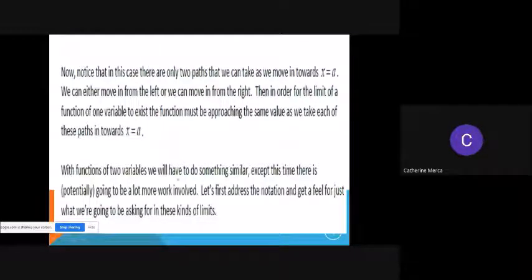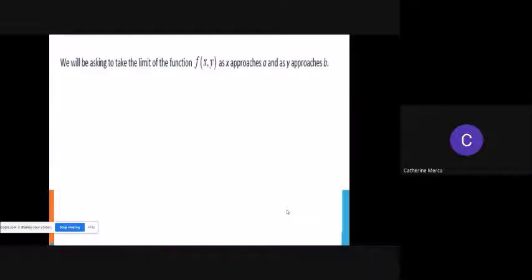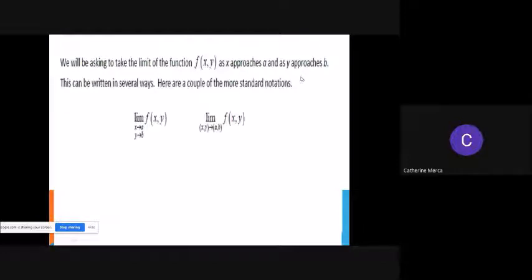So with two variables, we have to do something similar, but this time there will be more paths involved. Let's consider the following notation. If we would like to take the limit of the function f of x,y as x approaches a and y approaches b, we have the following notation.